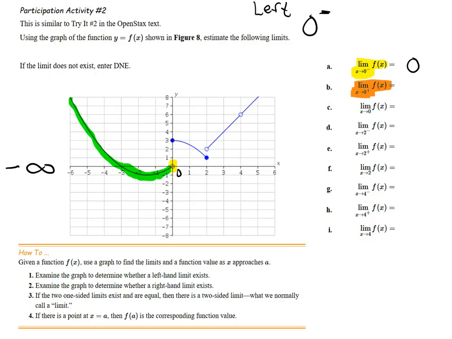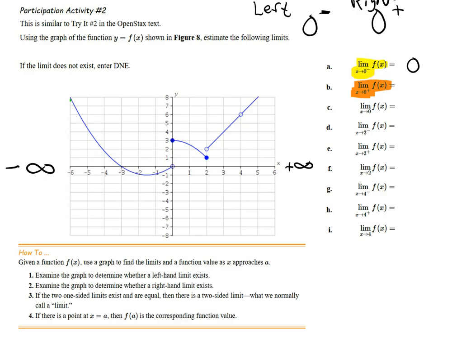Now, when you look at the next one, which says find the limit of f of x as x approaches 0 from the positive side, that means you're coming from the right, because on the x-axis, furthest to the right is positive infinity. So now we're coming at this from the other side.